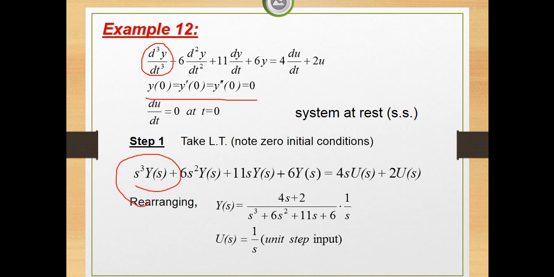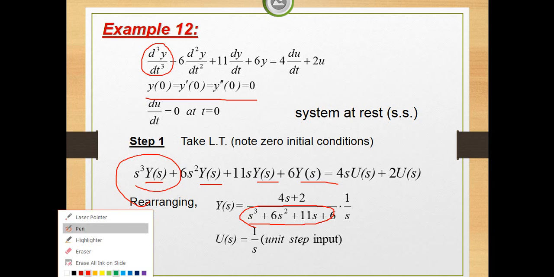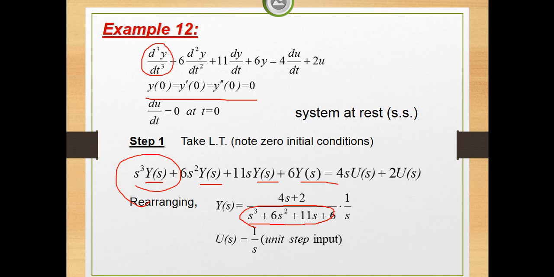Now, if you factor the y of s here, this will be the resulting expression. And if you factor the u of s here, I'll change the color, you will have 4s plus 2.